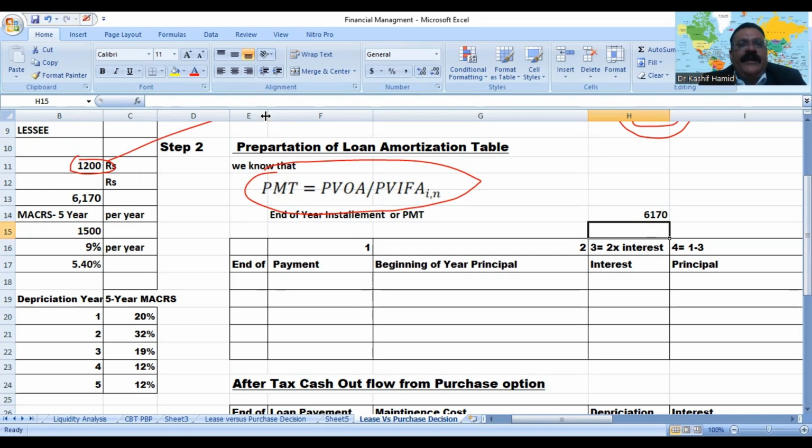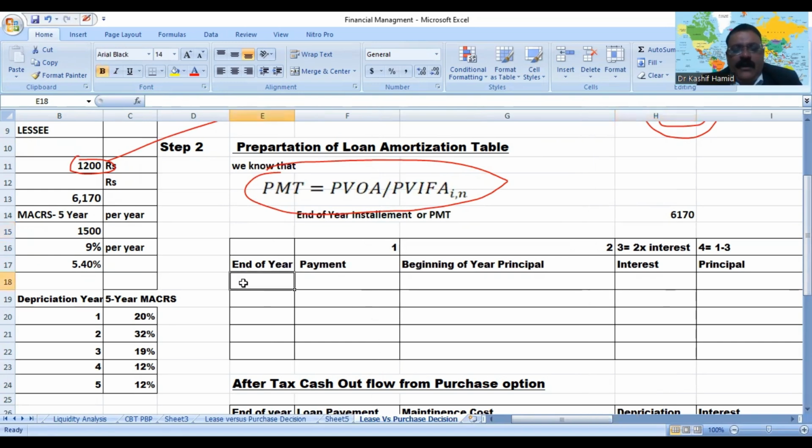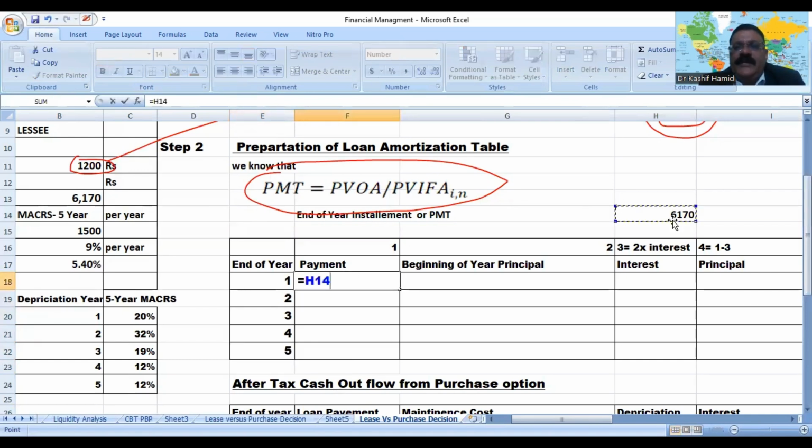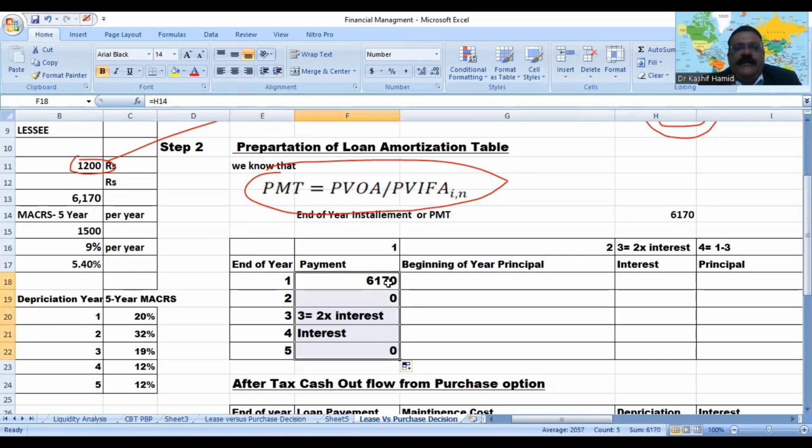End of year is 1, 2, 3, 4, 5. The payment is equal to 6130, and we will fix it with dollar signs, and then we will tag this value.